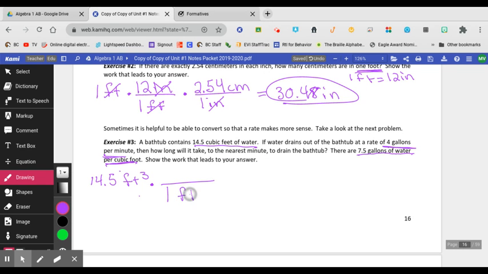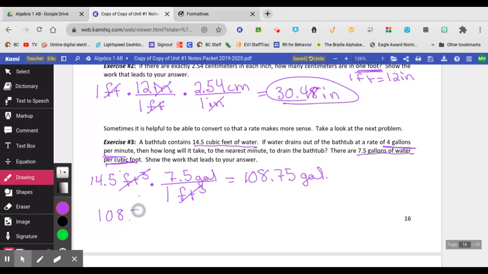So the cubic foot goes in the denominator. 7.5 gallons goes in the numerator. And I divide out. And that tells me when I multiply how many gallons of water I have, which is 108.75 gallons.